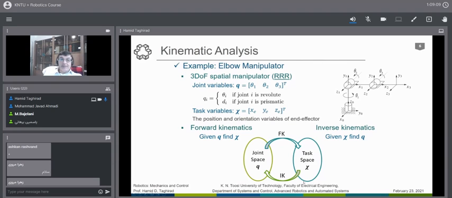And we show that this problem is a bit more in depth. We make this in two sections. First, we consider the forward kinematic, and then we go to the most challenging part, inverse kinematic. And we have to do it for a number of robotic manipulators.